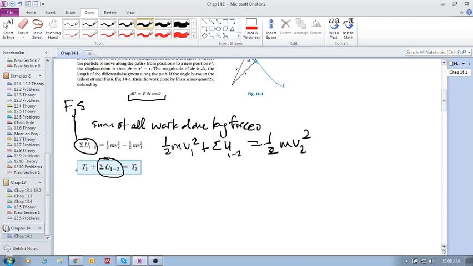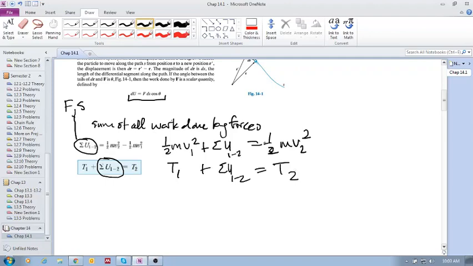This T1 is the kinetic energy. So the kinetic energy of the particle at time 1, plus all the work done on that particle, is equal to the kinetic energy at time 2, T2.